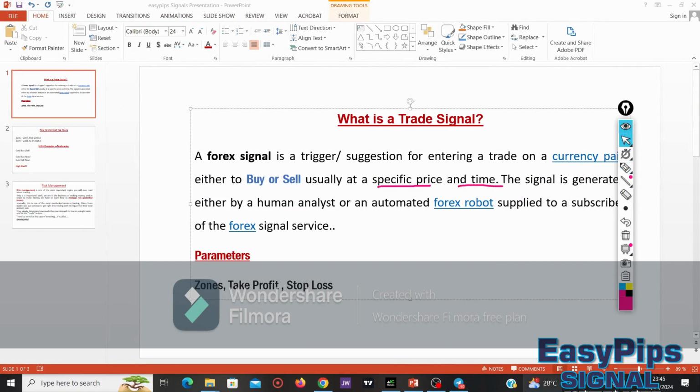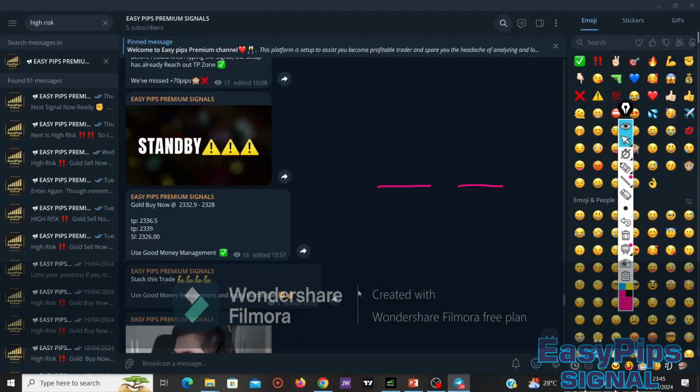We mention time because in some instances, look at this signal that was given out. This signal was given out at about 3:57 p.m. GMT plus 1 time.